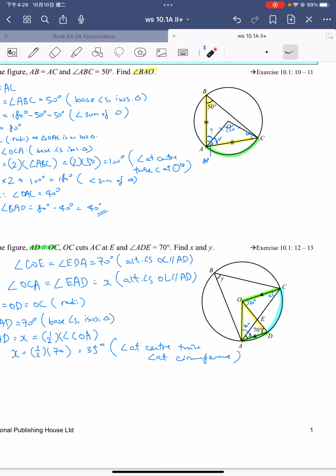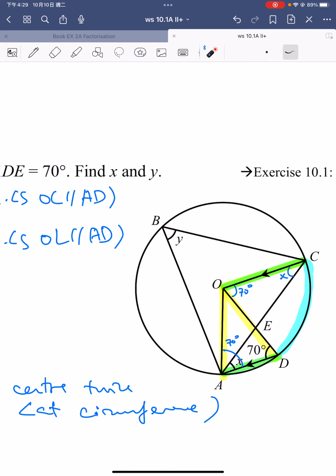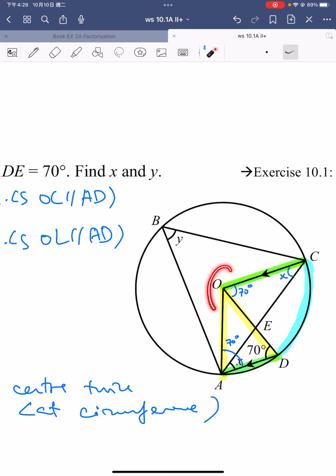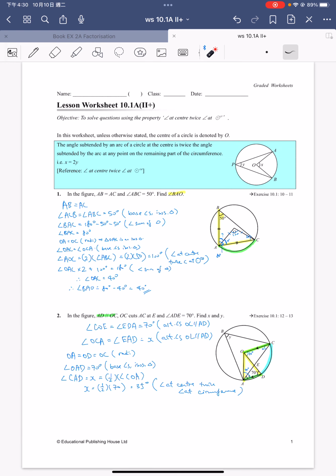So after you find this, how can you find out the value of y? If you look carefully, the y is looking at this whole line AC, and this COA is looking at the same arc as well. So the whole angle O is actually double the angle y. So if we know the angle AOD, and then we add the angle DOC and take half, then we have the value of y.